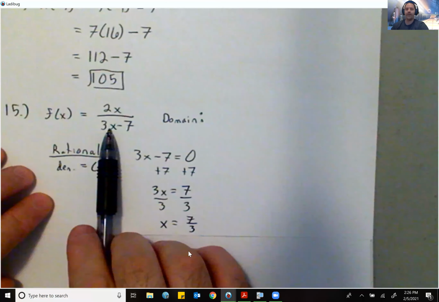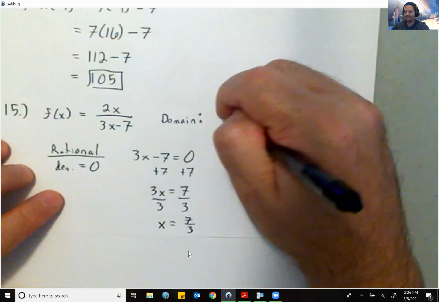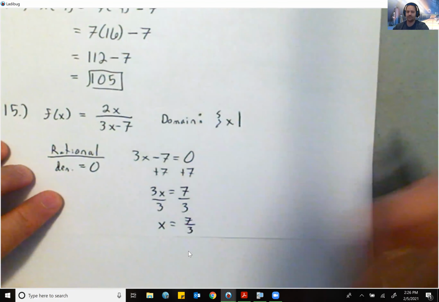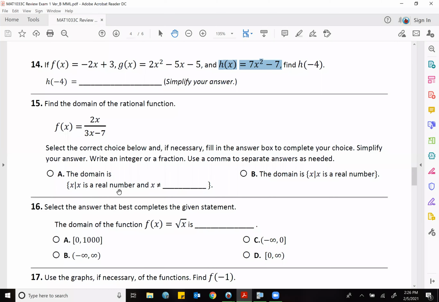So my domain then will be, because they're doing set notation, X is a real number and X cannot be what number? 7/3. So you'll choose A and put 7/3 in the blank.